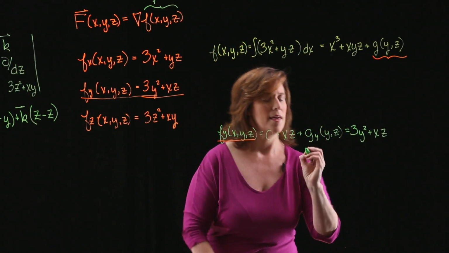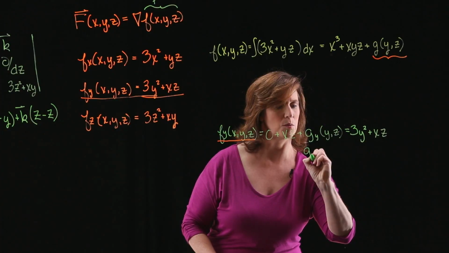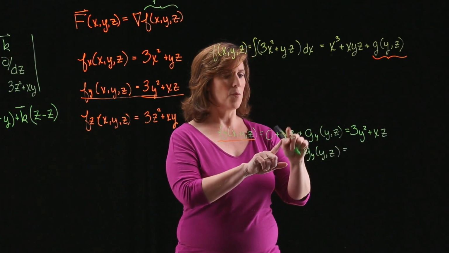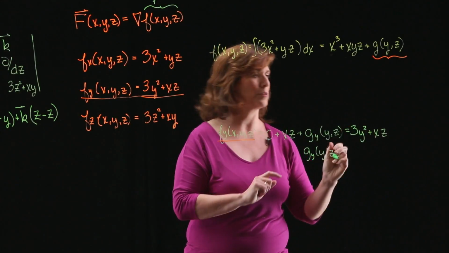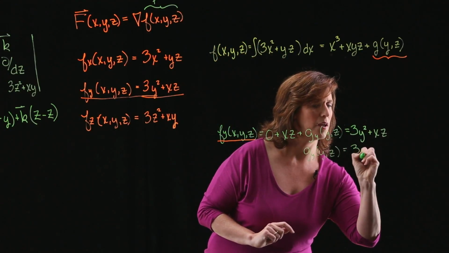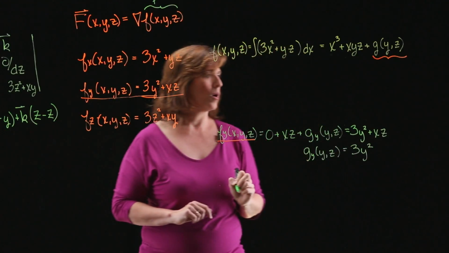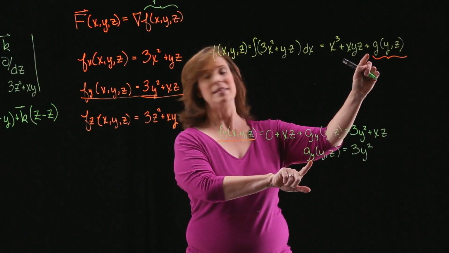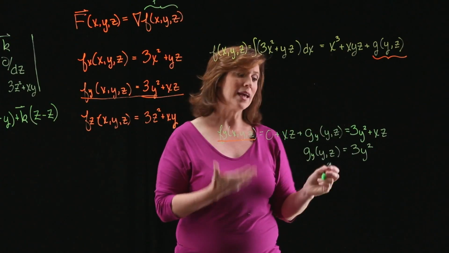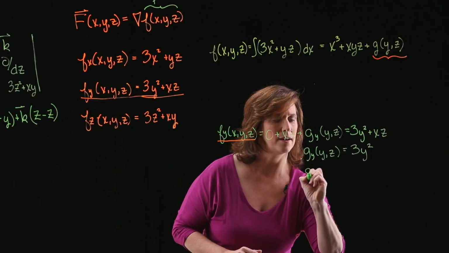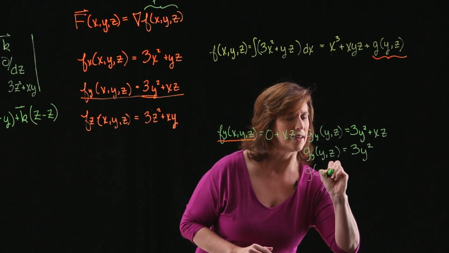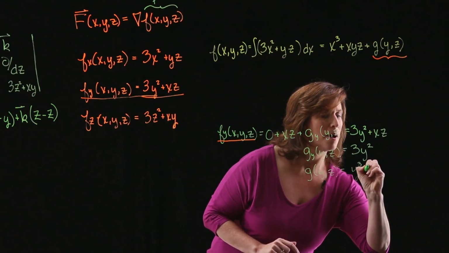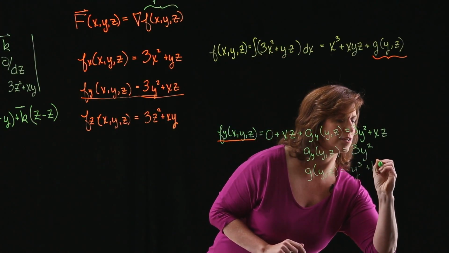Which tells me that my partial of g with respect to y, when I subtract xz from both sides, will just be 3y squared. I really want to know what g is, so I'll integrate both sides, and I know then that g of yz is going to be y cubed plus some function of z.